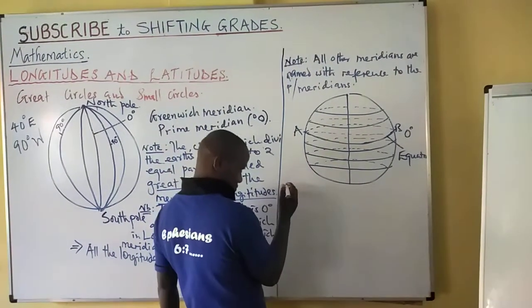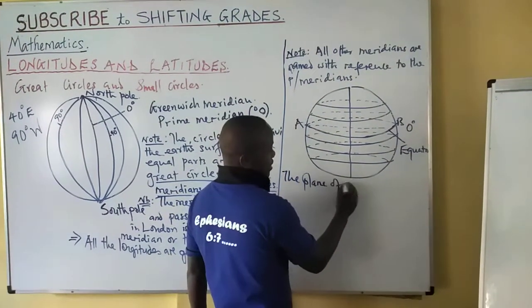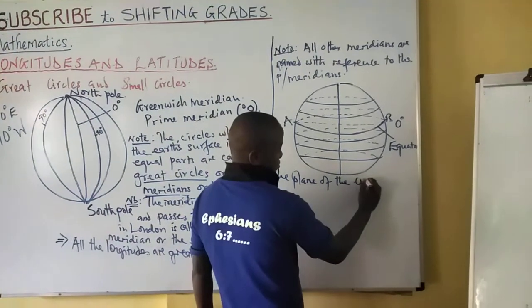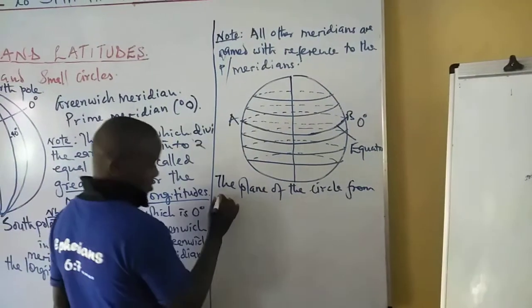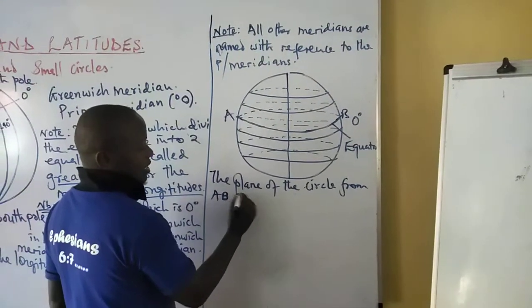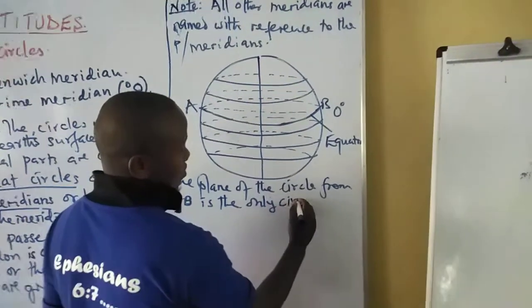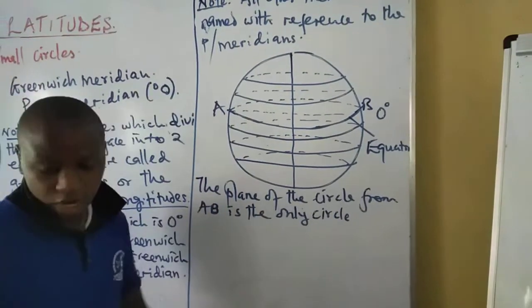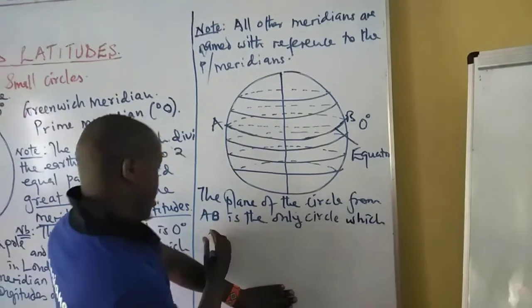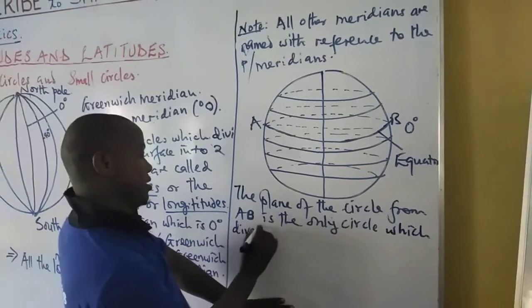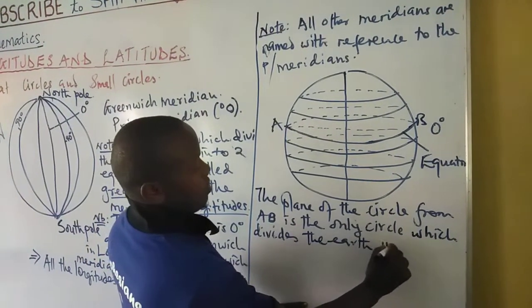Therefore, you find that the plane of the circle from A to B in that diagram is the only circle which divides the Earth into 2.